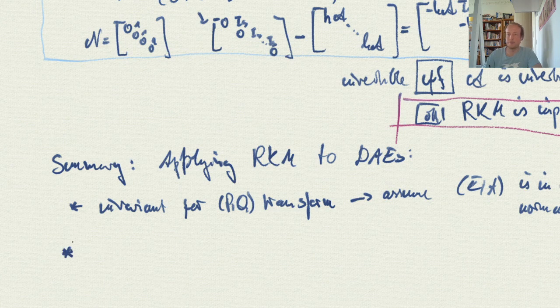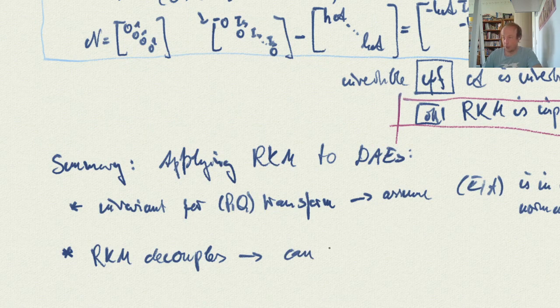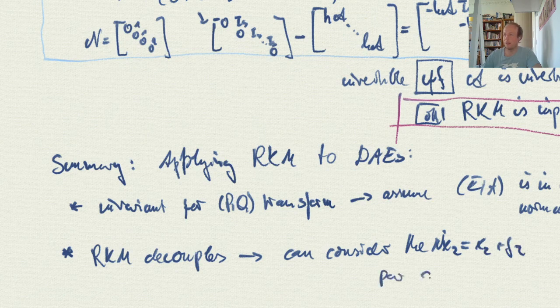Secondly, the RKM decouples, so we can consider this x2 dot and x2 plus f2 part separately.